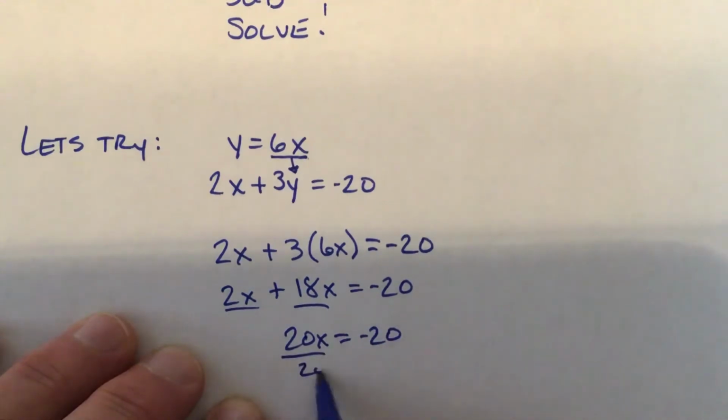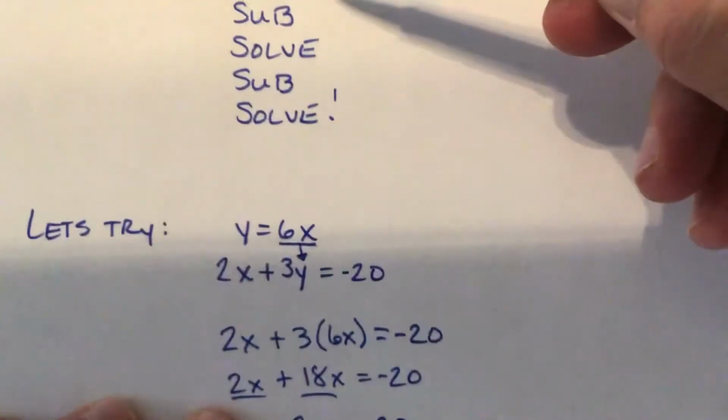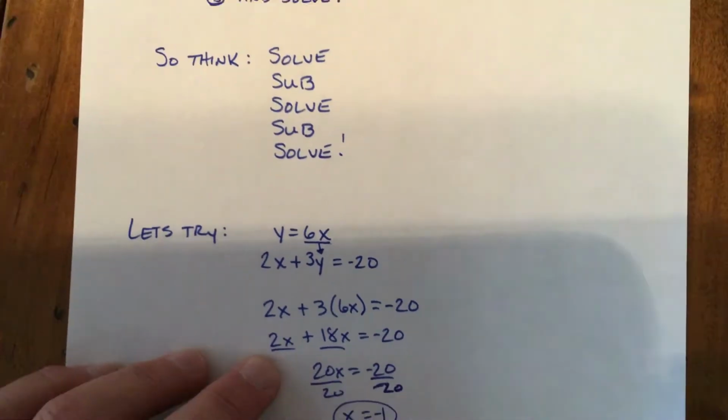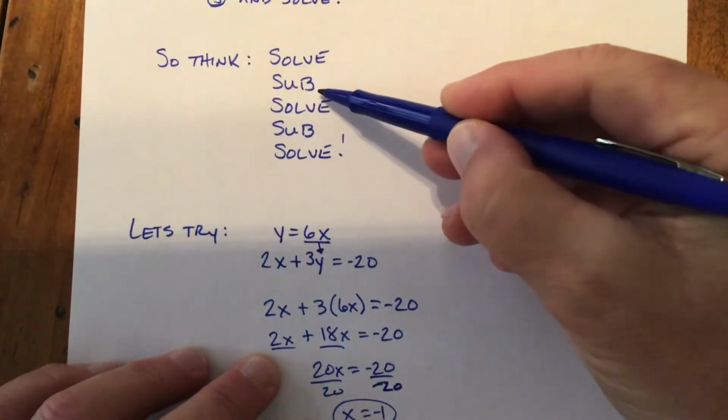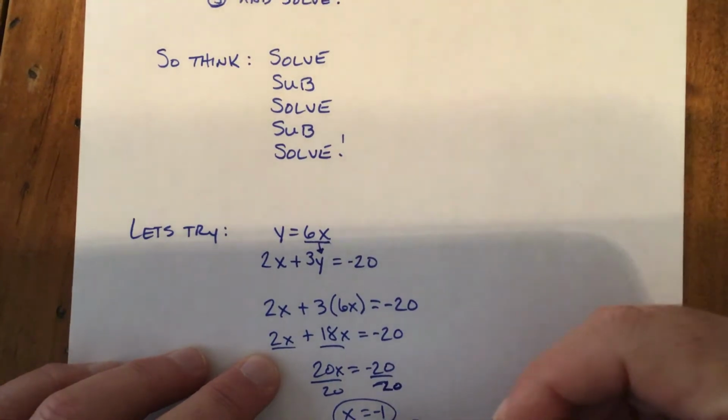Then divide by 20. Oh, not negative 20, just by 20. And that's going to be x is equal to negative 1. We got our first one. We got what x is. So again, we've solved, which they did for us. We subbed that in. We solved for x.